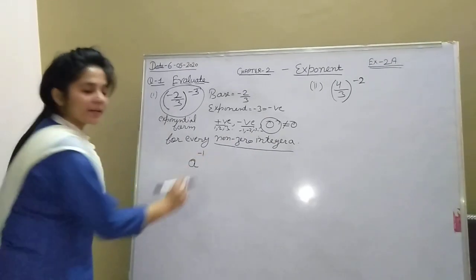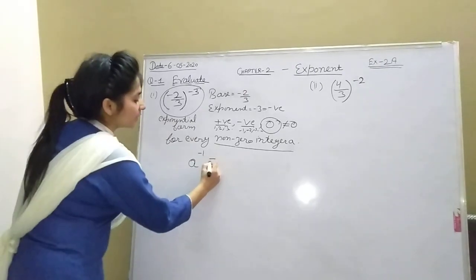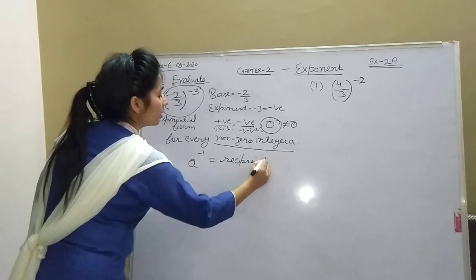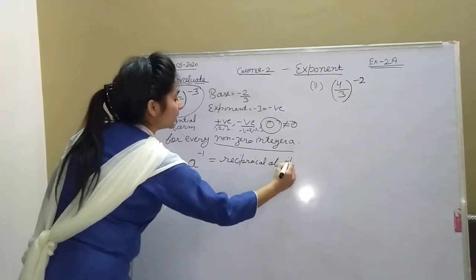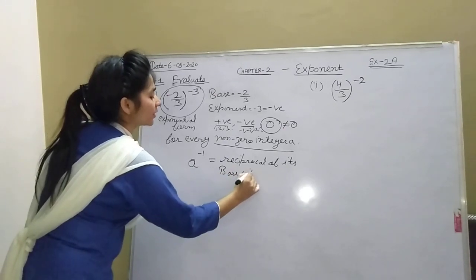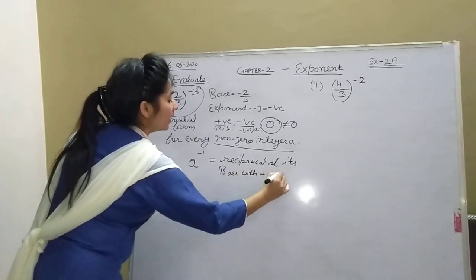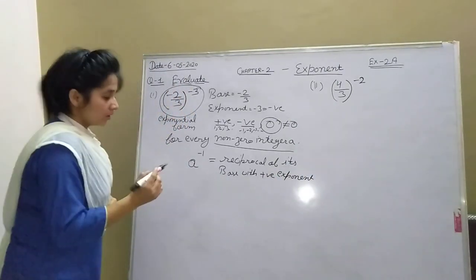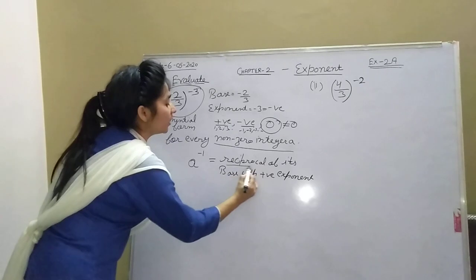For every non-zero integer A, with a negative exponent is equal to the reciprocal of its base with positive exponent. You know very well the meaning of the reciprocal.